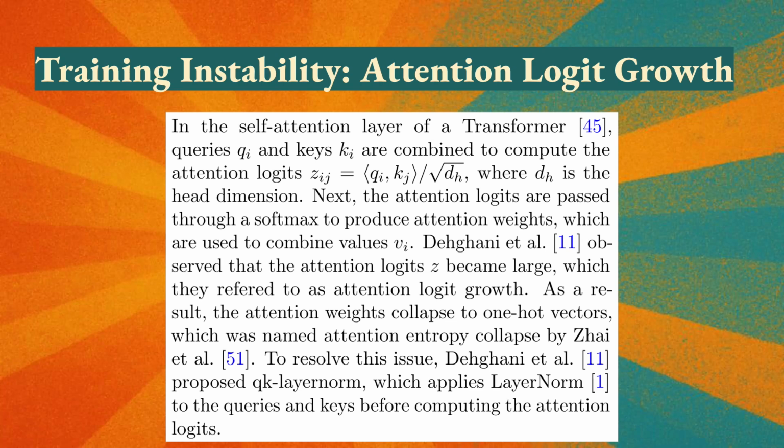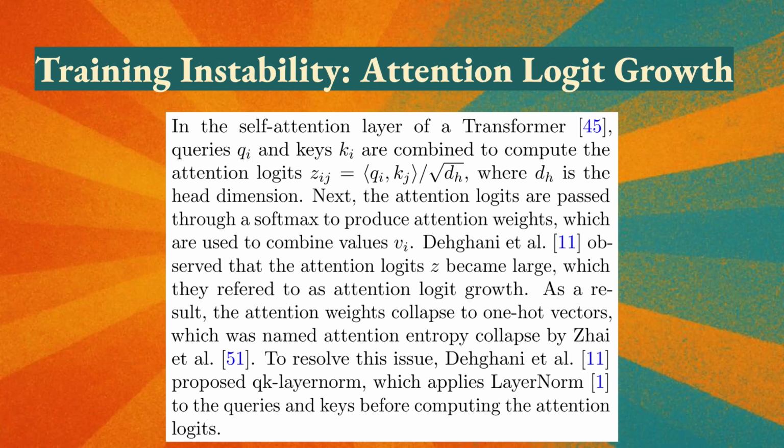Dehghani is the main paper they reference, and they observed that the attention logits, z, became large, which they referred to as attention logit growth. When the attention logits get too large, you pass them through the softmax and you get a bunch of 1s and 0s, or close to 1s and 0s. They call this phenomenon, the weights collapsing to one-hot vectors, attention entropy collapse. To resolve this issue, they propose QK-layernorm, which applies layer norm to the queries and keys before computing the attention logits.